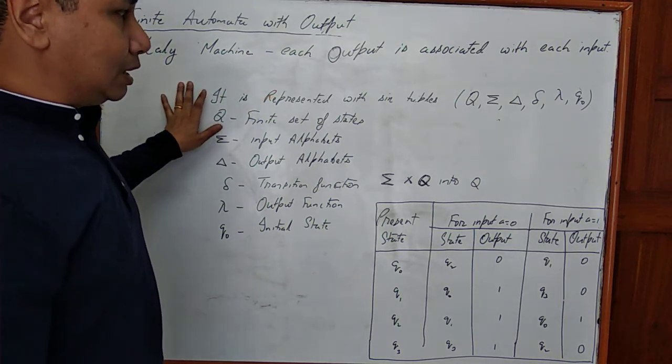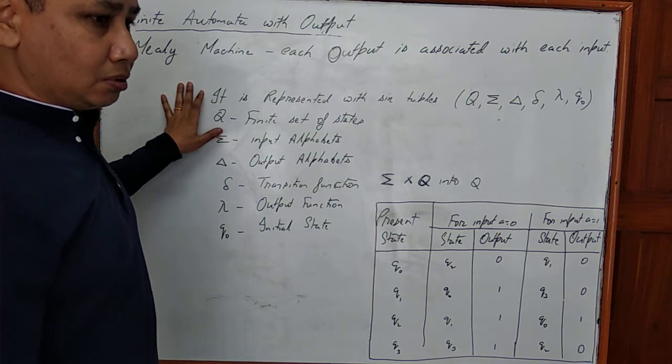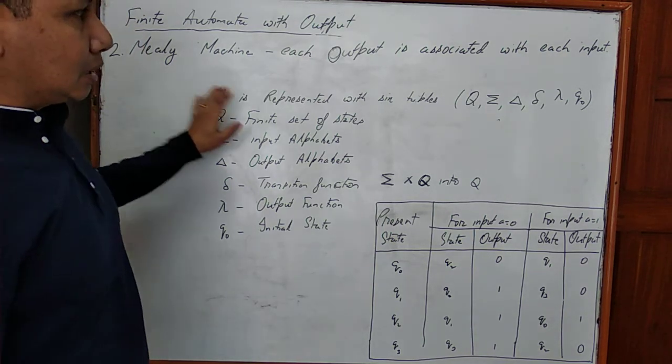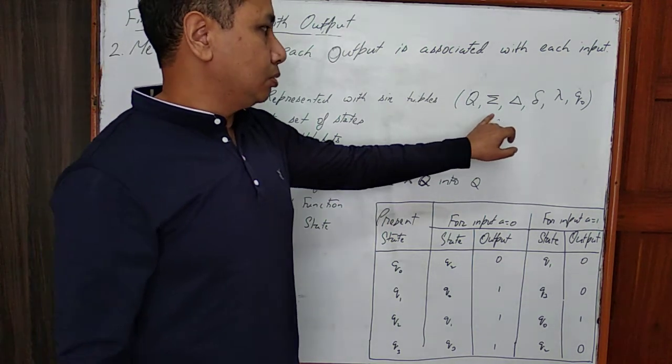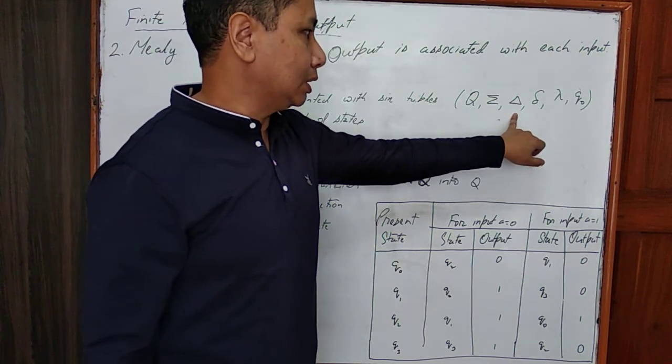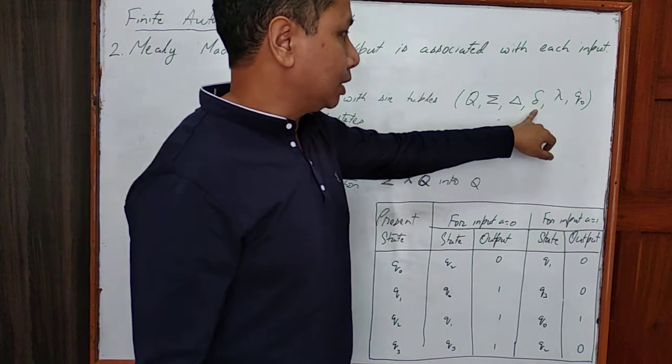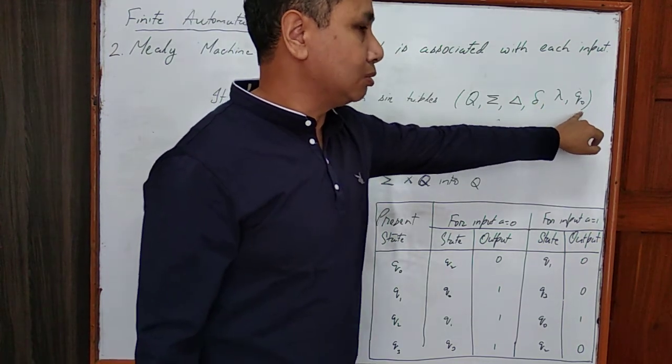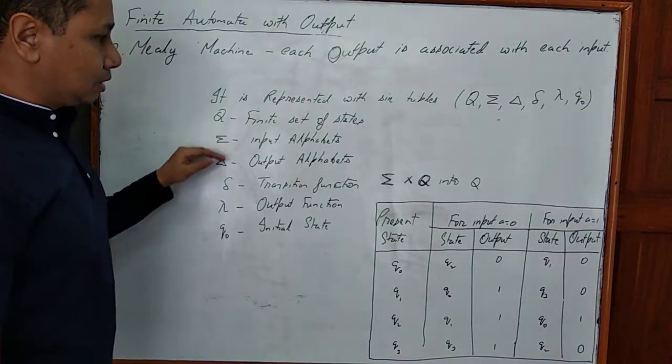It is represented again exactly similar to the Moore machine, that is Q, the capital Q, the sigma, the delta, the small delta, the lambda, and q0, which is again represented by the same thing.